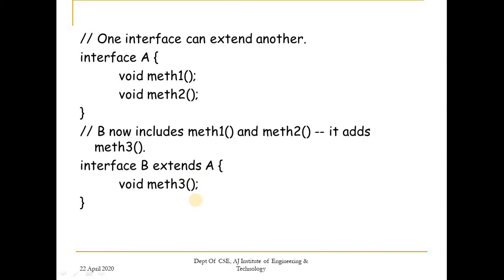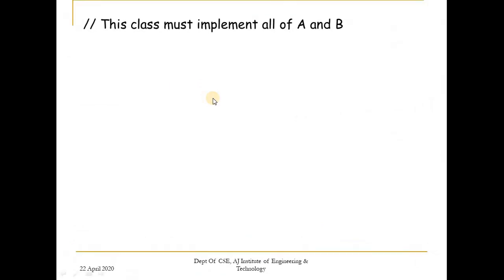So B now includes meth1, meth2 as well as meth3. This inherited interface will have the methods of its super interface also.